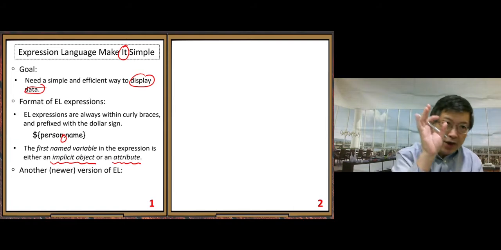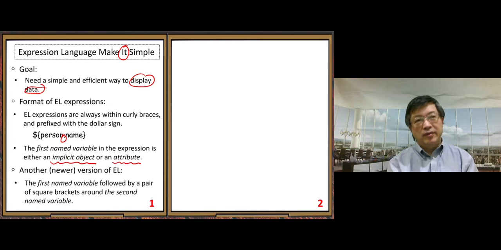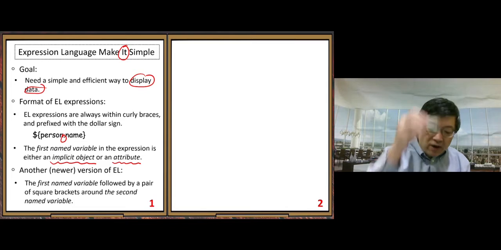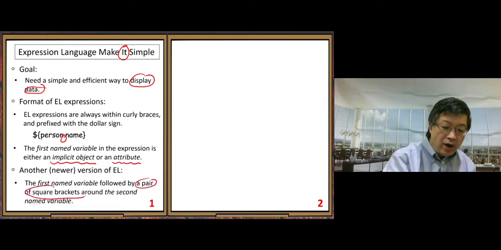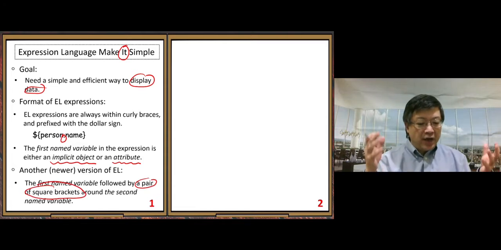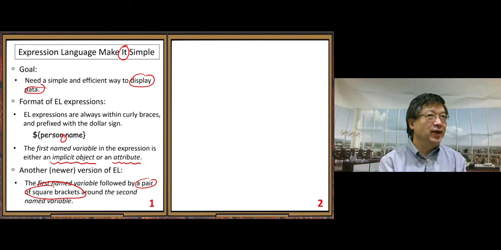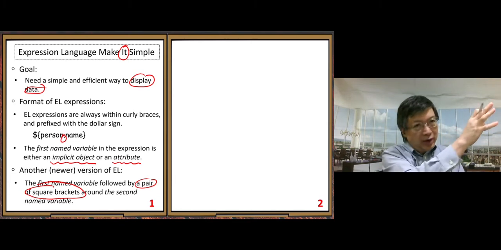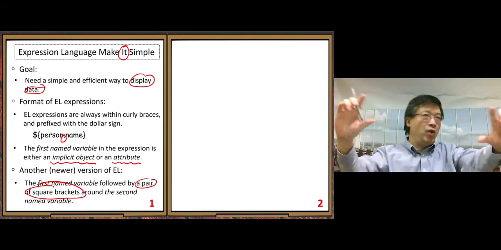In the new way, the first named variable is followed by a pair of square brackets around the second named variable. The dot operator way still works. Now we use the square bracket way.